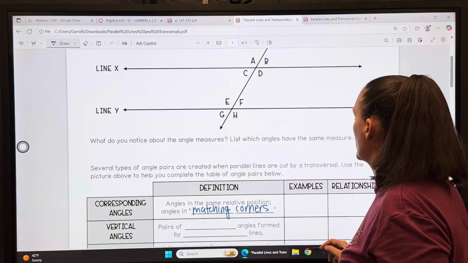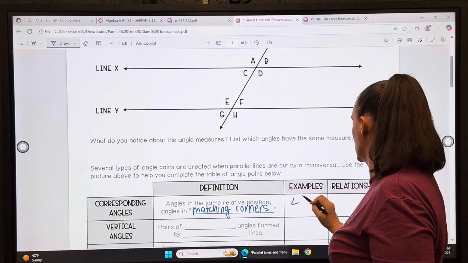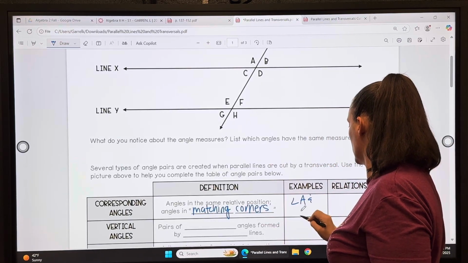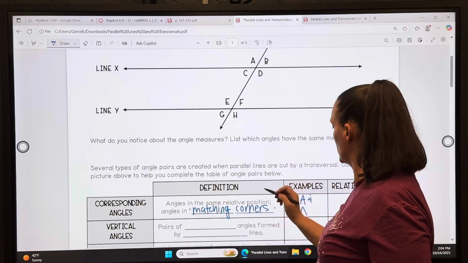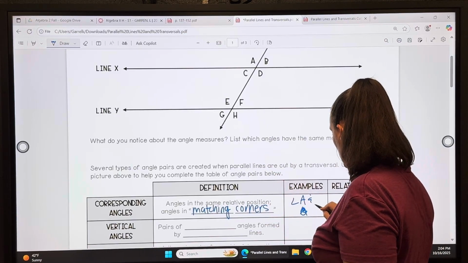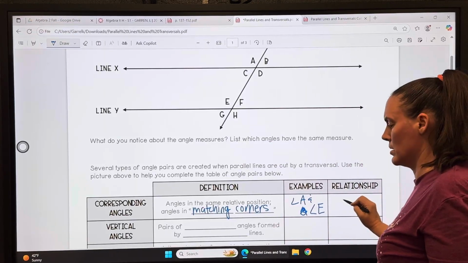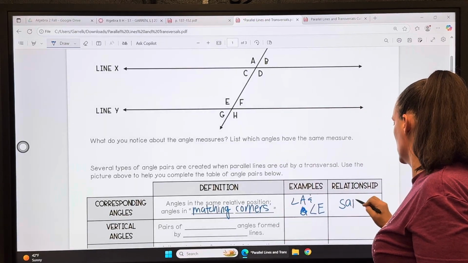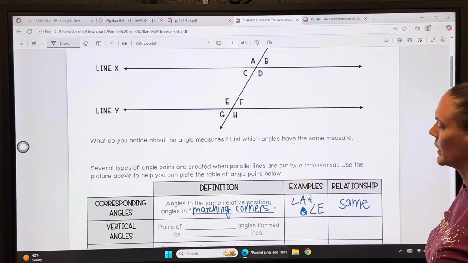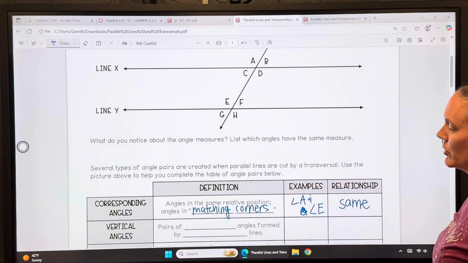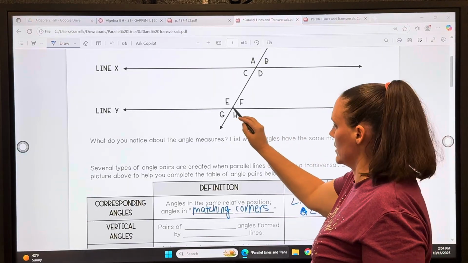All right, so my example is A and E. They are the same, okay? Vertical angles are angles that are across the diagonal from each other.